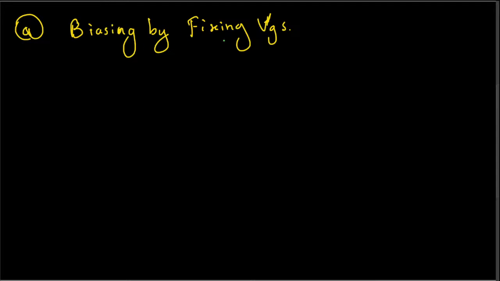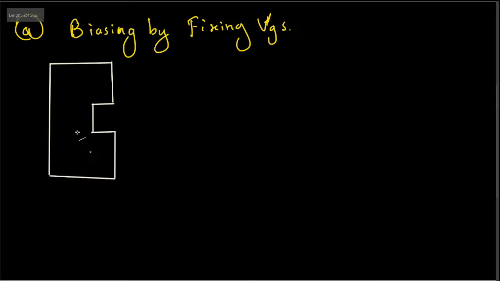Okay, for this type of biasing, what we do is we choose a circuit that has a voltage divider. So this is our MOSFET right here, and here we will have a resistor and the voltage divider resistor right here, and also here we have a resistor.